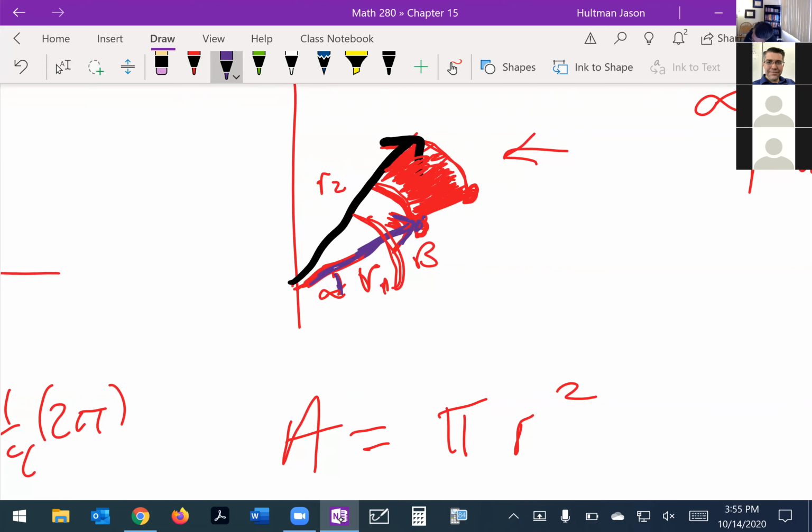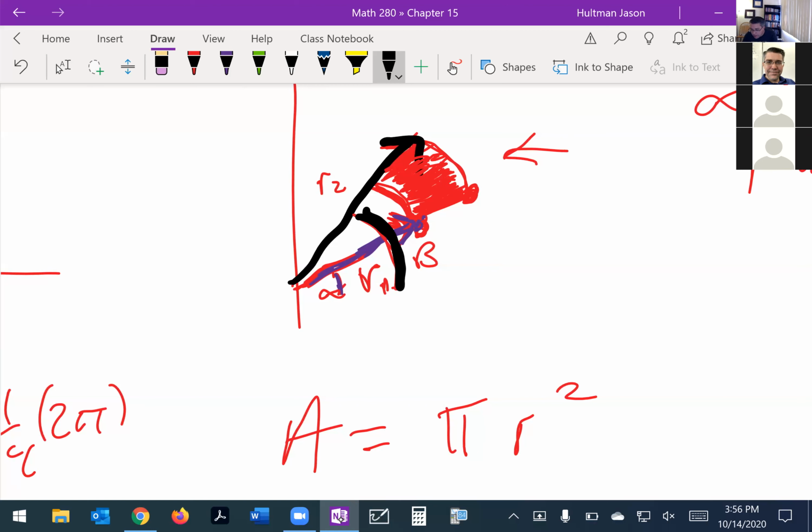Does that make sense? And we're going from R1 to R2. So we're taking the outer one minus the inner one. That's the range that we're looking from. We're looking from R1 to R2.